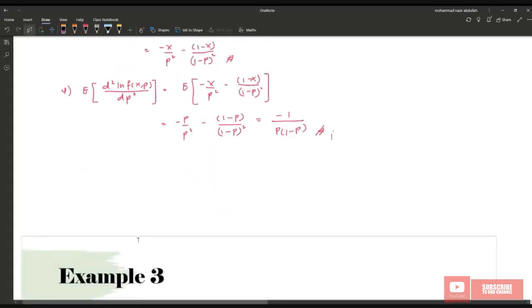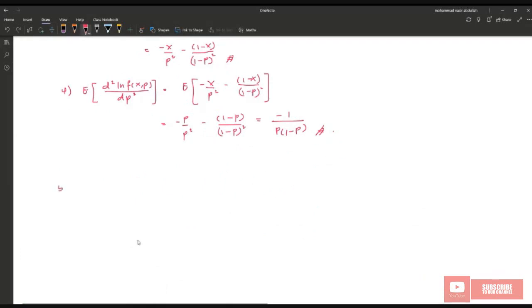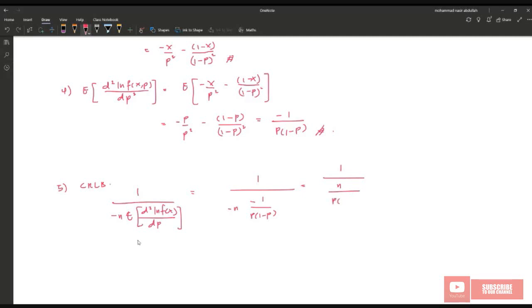So completing the formula, number 5. Cramér-Rao lower bound formula, 1 over negative n expected of second derivative of ln fx with respect to P. So this one should be 1 over negative n, negative 1 over P1 minus P. So this one should be 1 over n P... Sorry, this is not n minus P, but n on top.